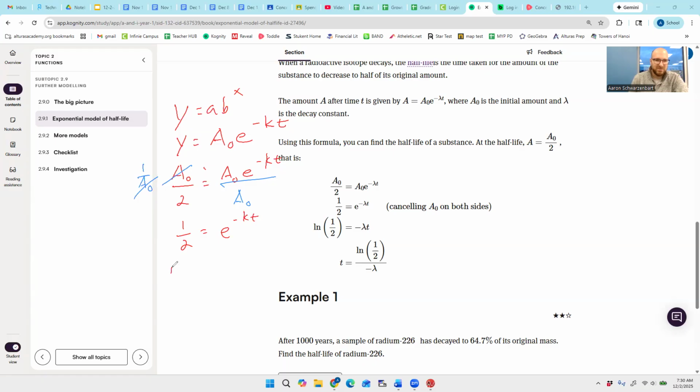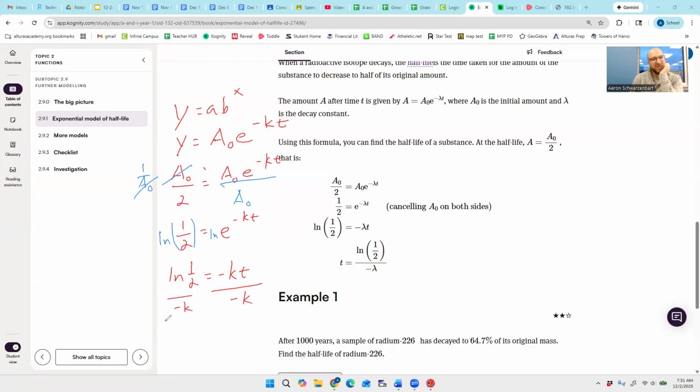So I take ln of both sides to get rid of this e, and that equals negative kt. The time for the half-life is found by dividing by negative k.